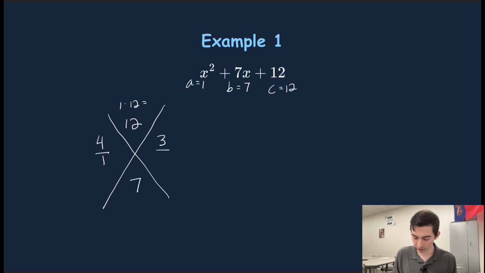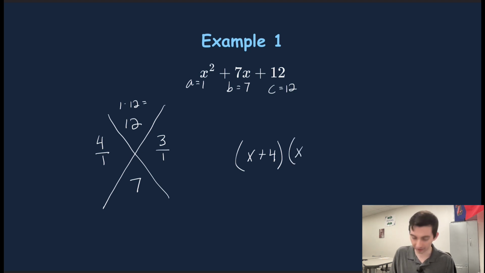And so now we're going to divide these by a, which we said was 1. And so how we get our factors from these fractions here is the bottom tells us how many x's we have, and then the top is whatever we're adding or subtracting. So for this first fraction here, we have 1x, and then we have a positive 4. So my first factor is x plus 4.